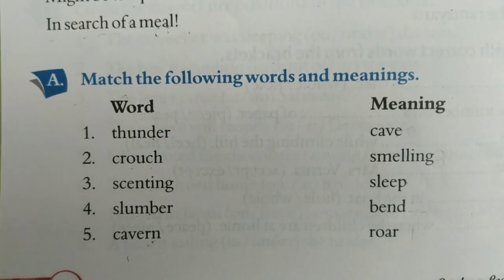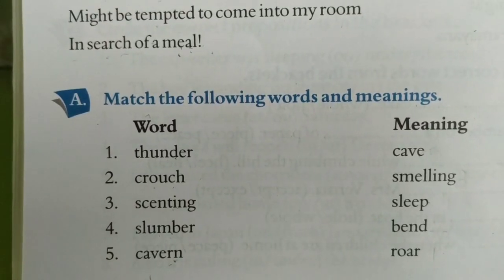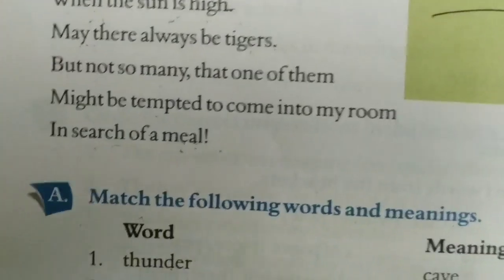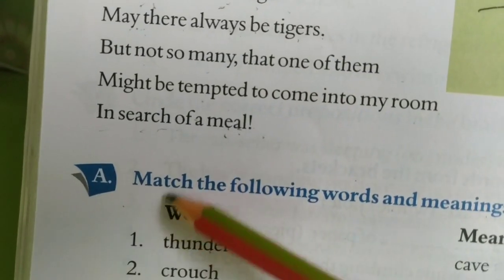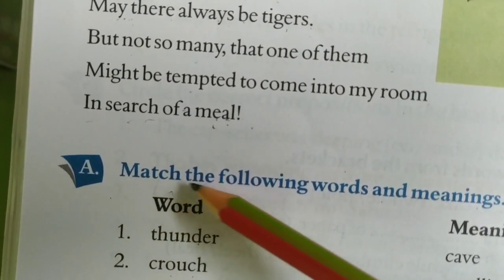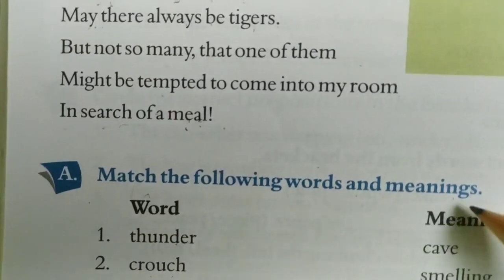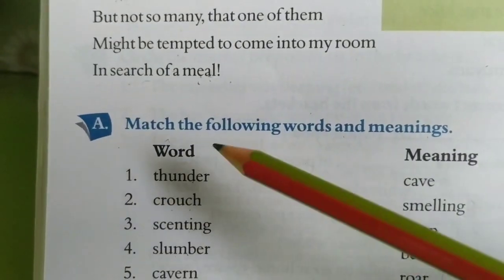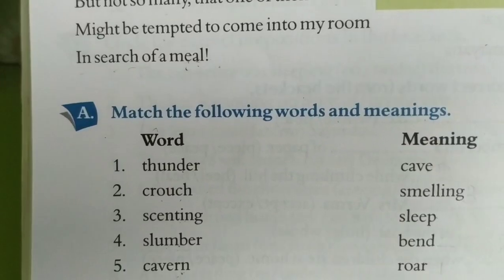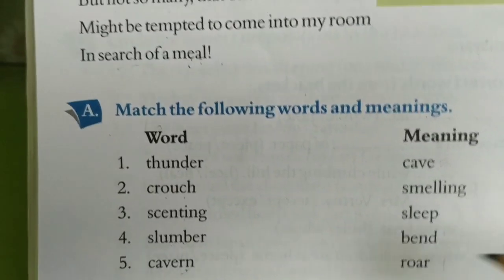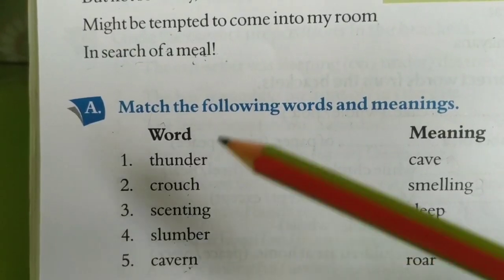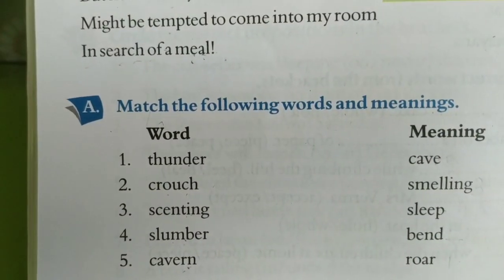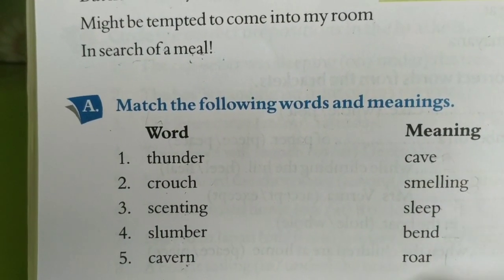Okay? So now we have finished the poem, right? And I have explained to you the meaning of the words. So here, A, match the following words and meanings. So one side words are given, the other side meanings are given. So what you have to do is match the word with the meanings given here.